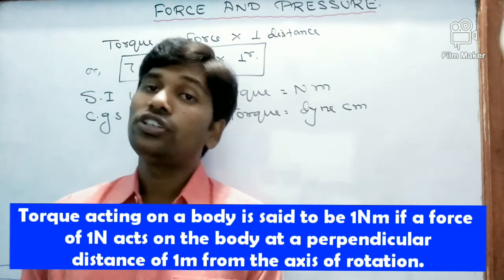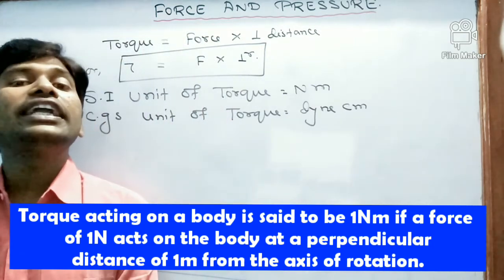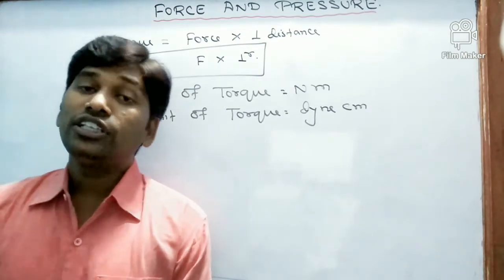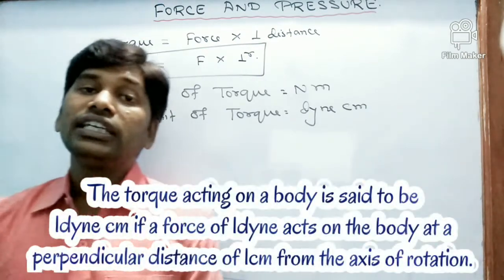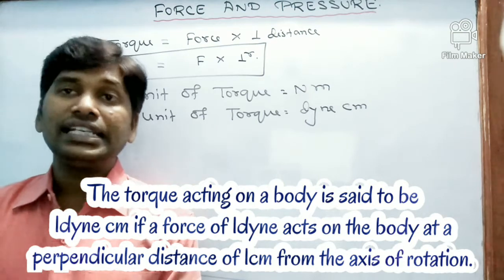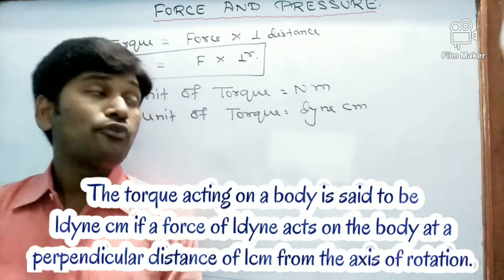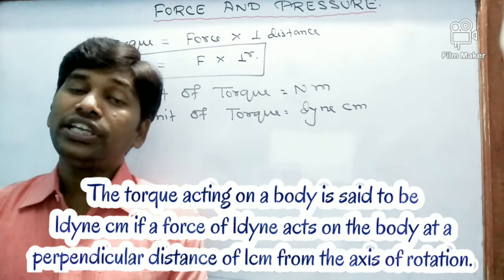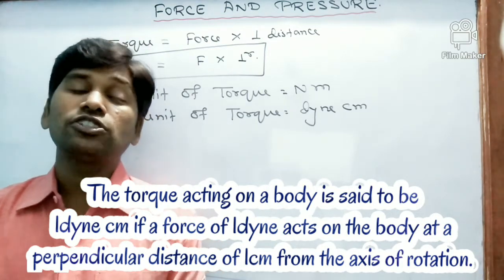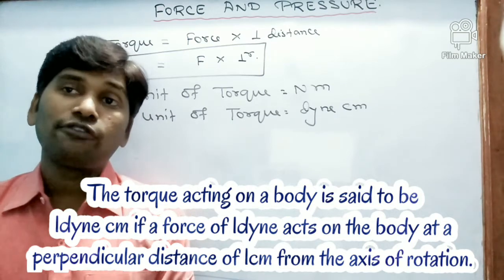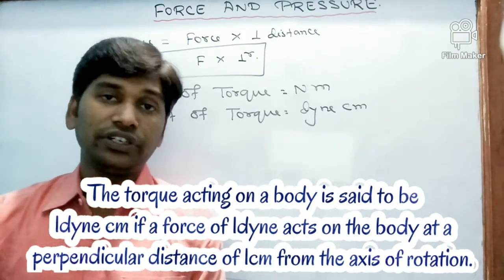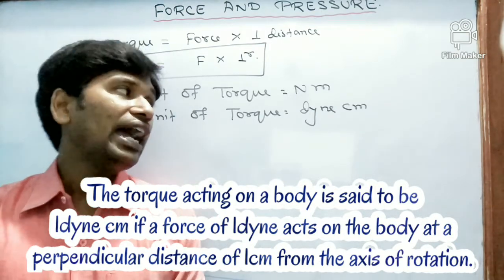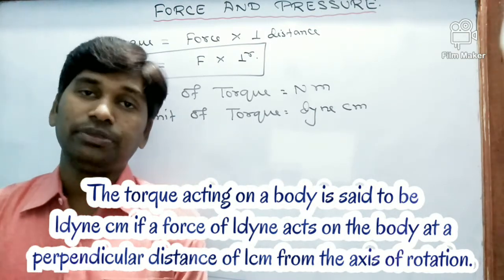Similarly, we can define 1 dyne centimeter. The torque acting on a body is said to be 1 dyne centimeter if a force of 1 dyne acts on the body at a perpendicular distance of 1 centimeter from the axis of rotation. So these are the definitions of 1 Newton meter and 1 dyne centimeter.